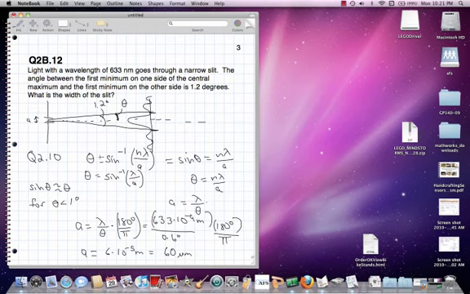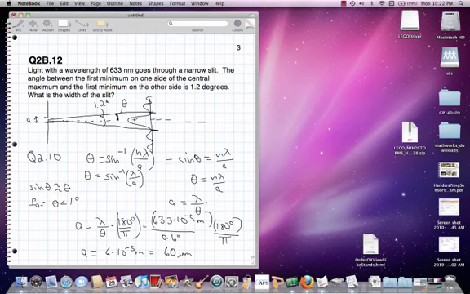You can see that this equation is a lot like the equation with two slits, where I had d sine theta equal to n lambda. Here I have a sine theta equal to n lambda. If I actually had two slits, the diffraction due to a single slit modulates my double slit.